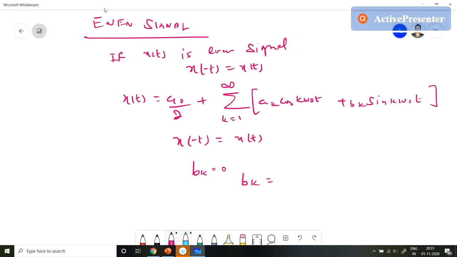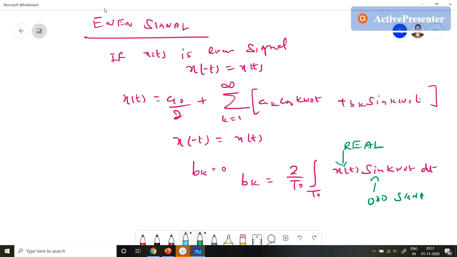If we go to the definition of bk, it is 2 divided by T naught integral over T naught x(t) sine k omega naught t into dt. Now if x(t) is real, then sine is always an odd signal, and real multiplied by an odd signal will always result in an odd signal.